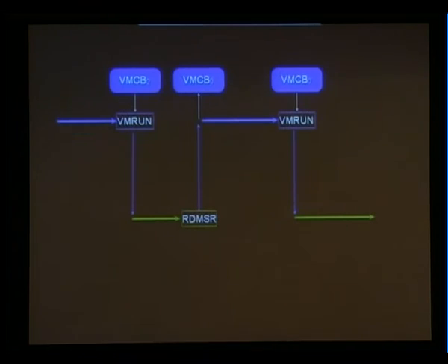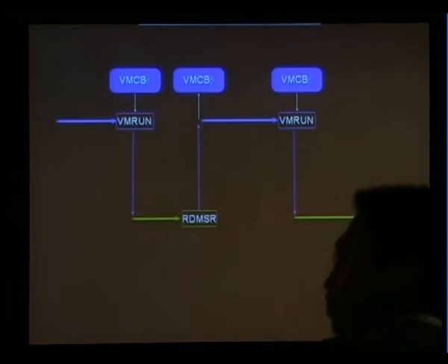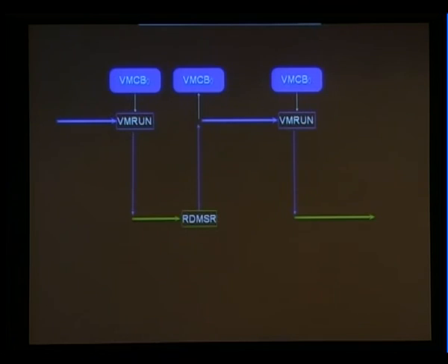So if we set that we want to intercept this instruction in the VMCB structure, then the CPU will generate VM exit, and it will return execution to the hypervisor, and then the hypervisor takes some measures to service this instruction, and then runs this VMrun instruction again, and the guest continues.